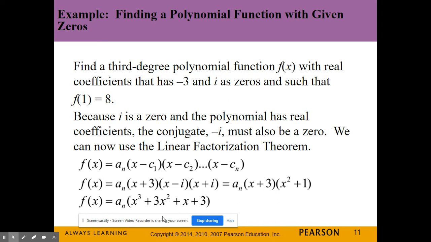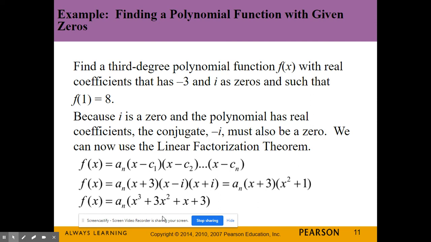And x minus -i, so x plus i, is one of the factors. Right? So I know that a sub n times those 3 factors, and a sub n is just going to be like your coefficient out front. And that's something we have to figure out at the end. But at least I know that those 3 factors are part of the function.